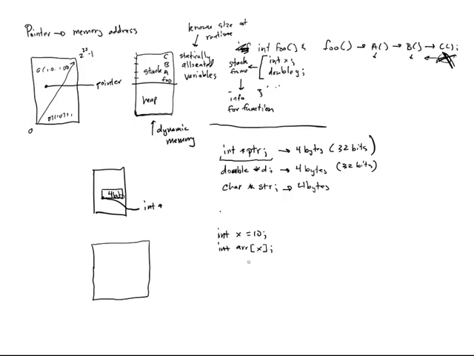Now, some compilers let you get away with this, but this is not standard C++. You are not allowed to do this, because x is not a constant value. X can change at runtime. Sure, these lines are right next to each other, so x isn't really going to change here. But if there was a bunch of code in between, x could have changed. And so the compiler doesn't actually know how big an array should be, and we can't do this.